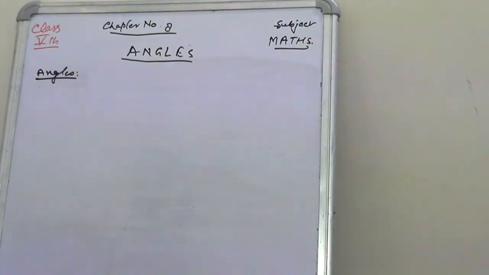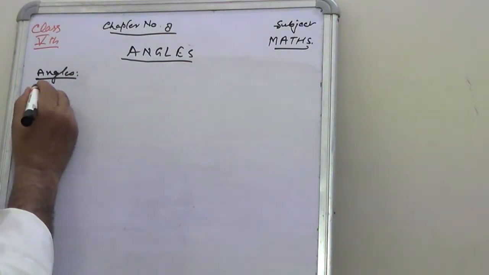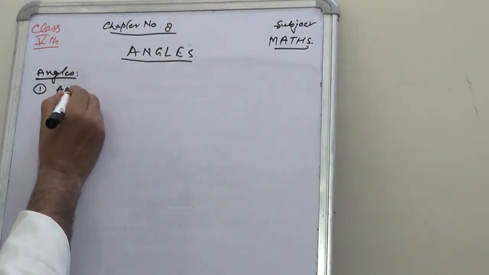So children, it is quite easy to understand the angles. Now we go for the names of these angles. The names of these angles are: first, acute angle.